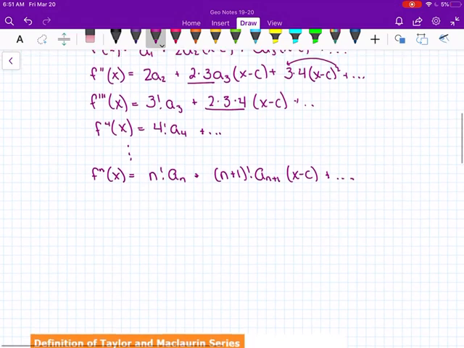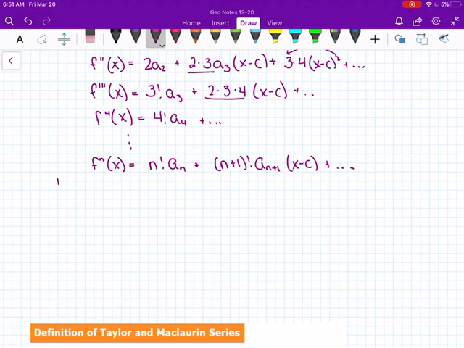Now if we evaluate this at x equals c, we're going to see that f of c is just going to be 0 factorial times a sub 0. Remember, 0 factorial is 1, so that's just a sub 0.